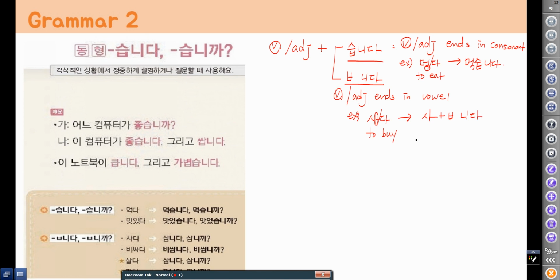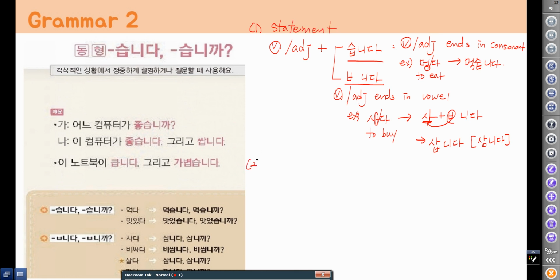So actually this 비읍 goes underneath the vowel, underneath the syllable. So 삽니다. But when you pronounce it, 삽니다, it changes to 미음. Okay, so that's for the statement.